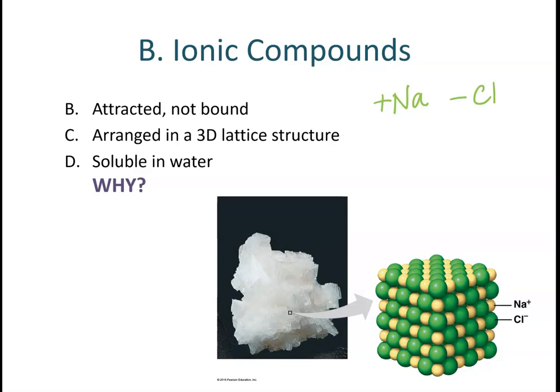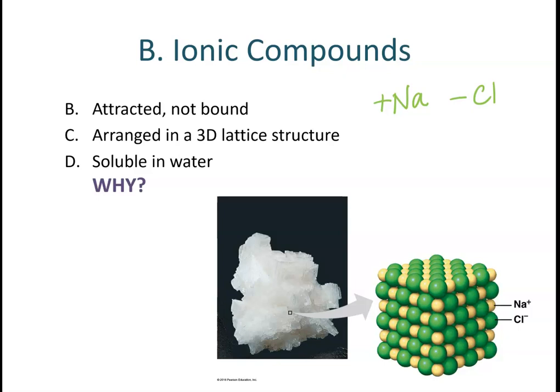So I guess maybe marriage is not a good analogy for this one, but they're still attracted to one another. That positive charge on the sodium is attracted to the negative charge on the chlorine, and that keeps them together. Ionic compounds will arrange themselves in a really nice 3D structure.